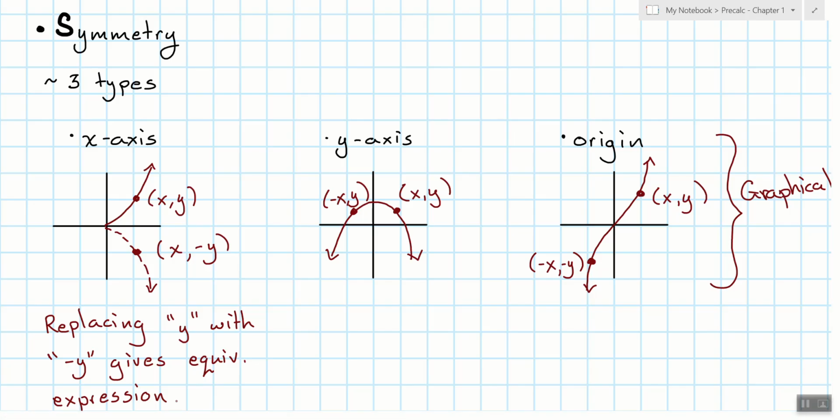Okay. All right, so what about for this one? What am I going to replace with what and get the same expression? X with negative x. Now, if you guys are cool with it, can I just do it like this and say x with negative x, instead of having to write the whole sentence again? Okay.